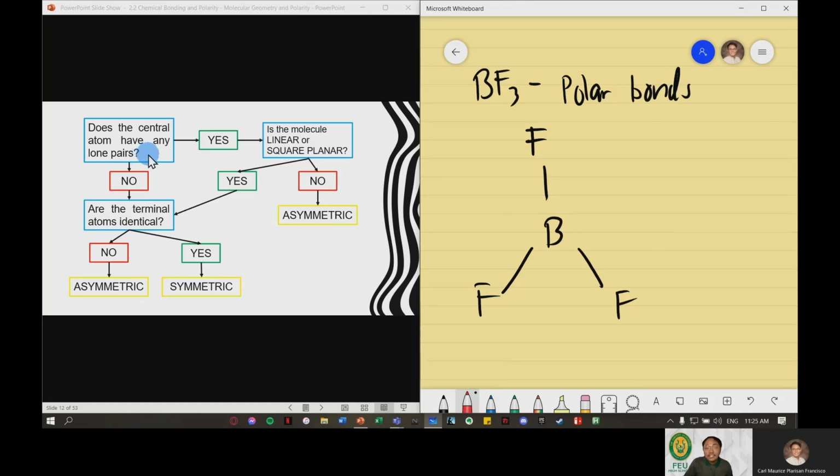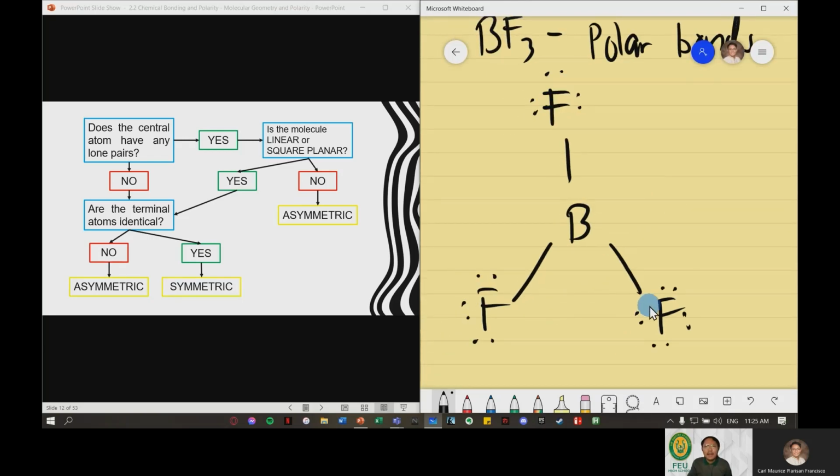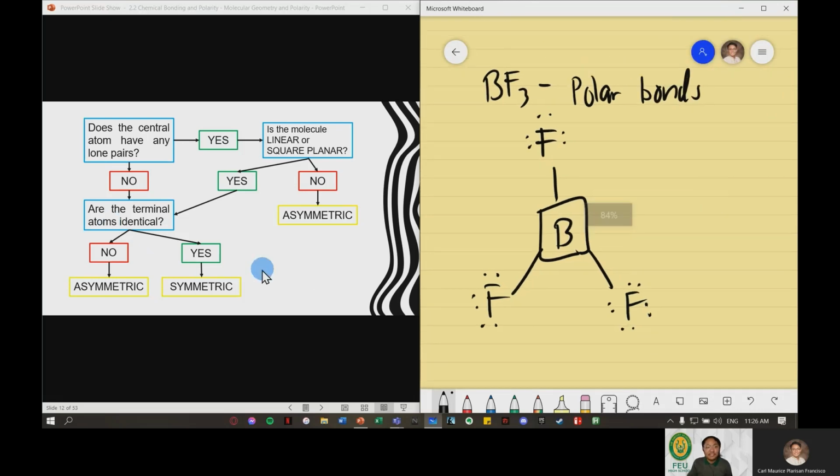Again, does the central atom have any lone pairs? Again, the question is about the central atom. Even if the terminal atoms have lone pairs, kahit na mayroong lone pair po yan, yung mga terminal, huwag mong pansinin yan. Focus ka lang sa central kasi yun ang tinatanong. Does the central atom have any lone pairs? No. Are the terminal atoms identical? Magkakamukha ba? Yes. Ang sagot, symmetric.